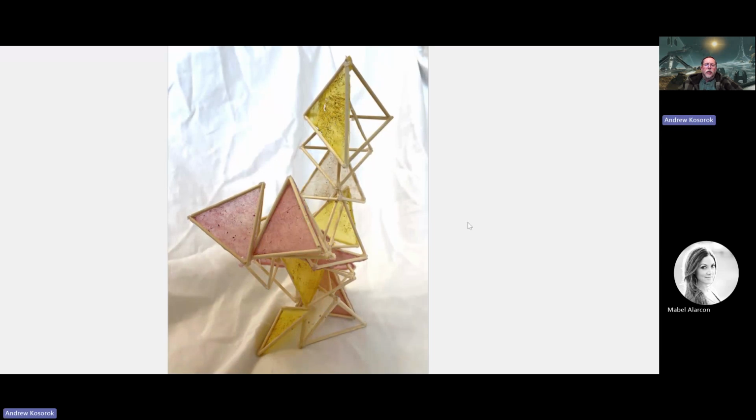All right, Mabel, what are your thoughts on this? Yeah, my first impression was the same as yours. I really liked the material choice right here. But I agree with you. I had a little bit of a hard time identifying the shape other than I can see triangles.